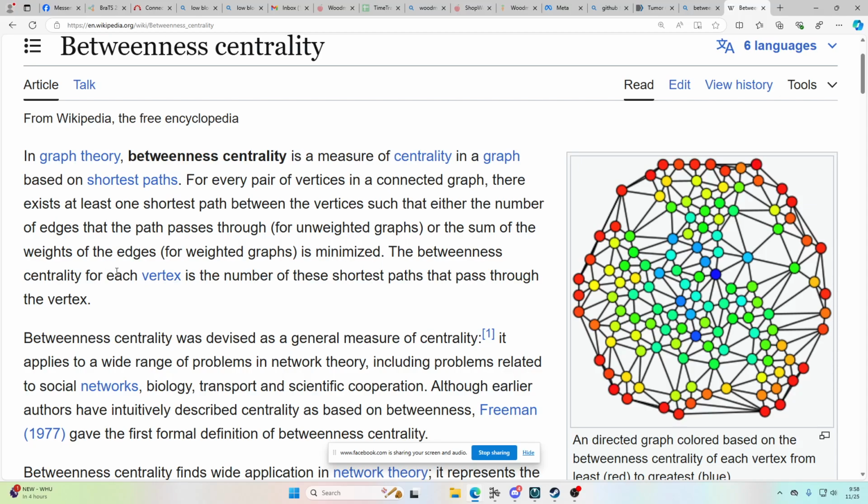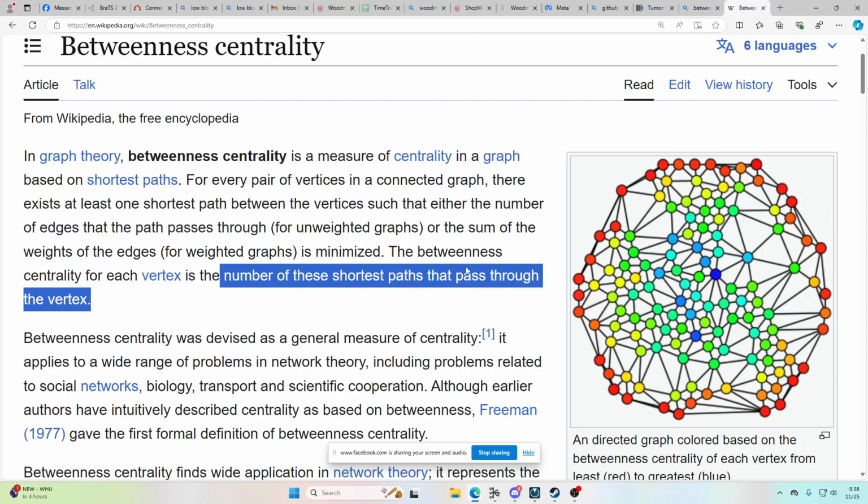The betweenness centrality for each vertex is the number of these shortest paths that pass through the vertex. So for each vertex, the number of shortest paths between every vertex and every other vertex is its betweenness centrality.